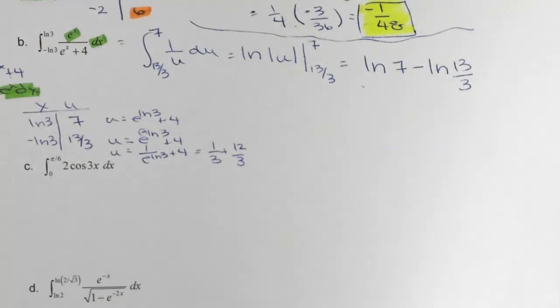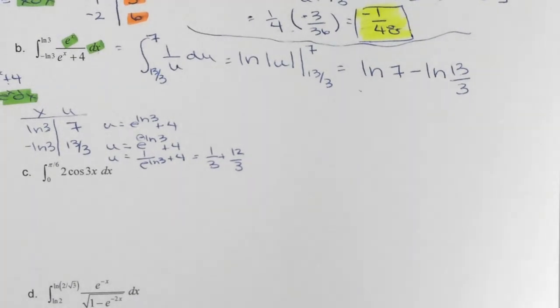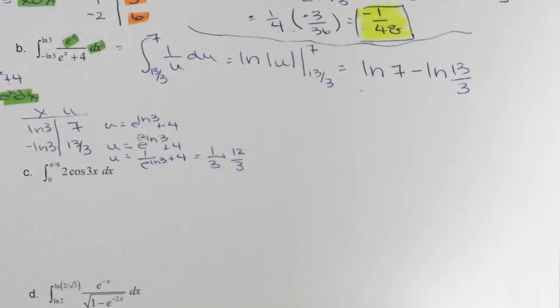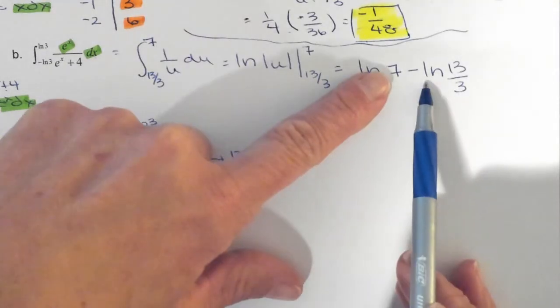However, if I asked you to write this in its simplest form, does anyone know what you could do next? You got to think back to your Algebra 2 skills. It's not ln 7 minus 13. Subtraction becomes division. You cannot just put these together and subtract.